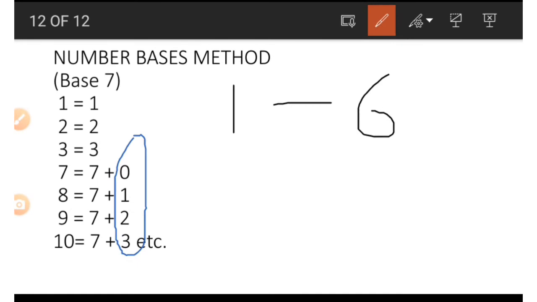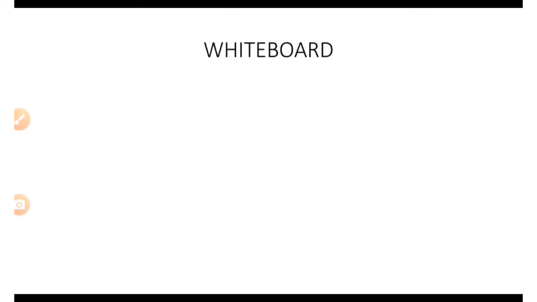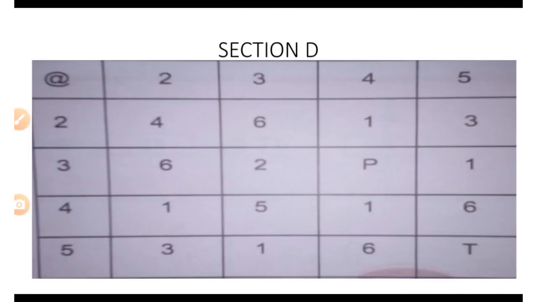So we break them down in 7, and the extra is written down as you can see there: 0, 1, 2, 3.